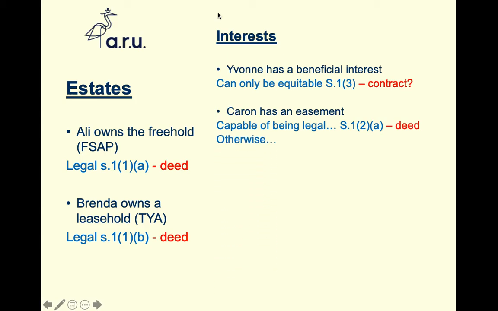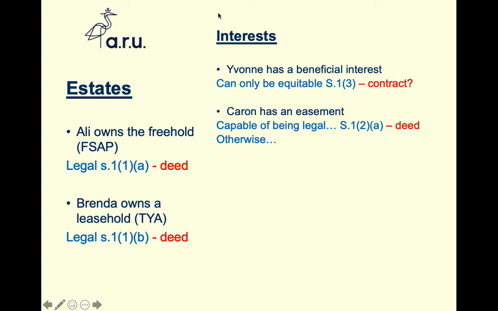If, however, that easement had not been capable of being legal, so it wasn't freely given or for a fixed period of time, it could be equitable and then it would need a contract instead.